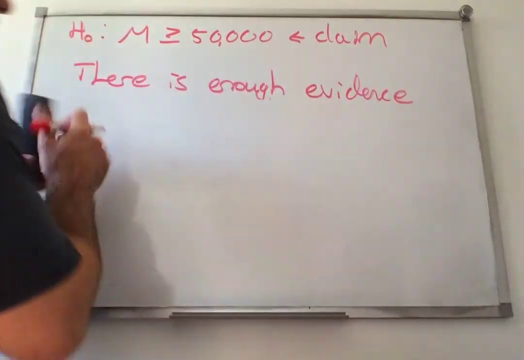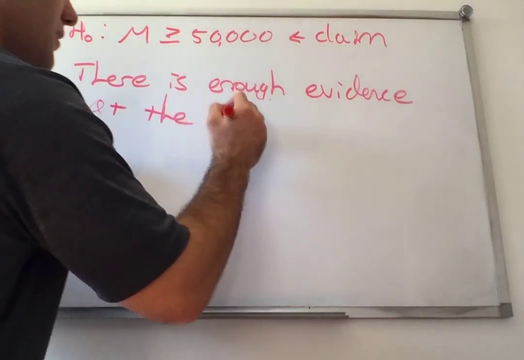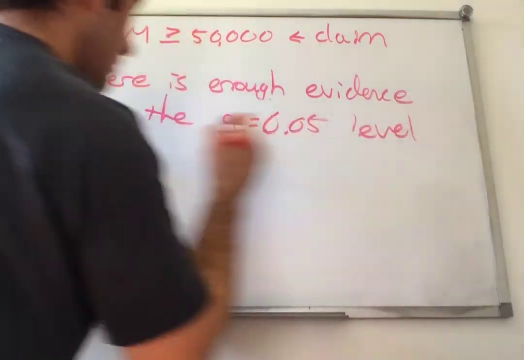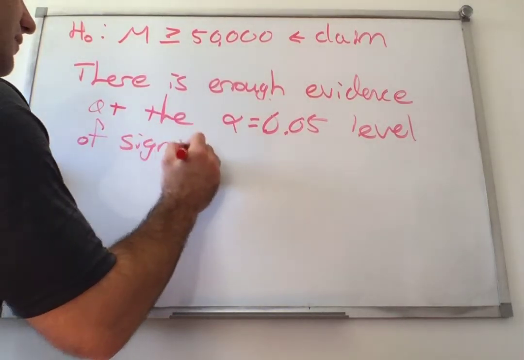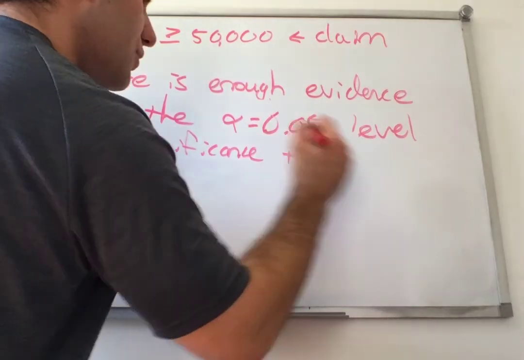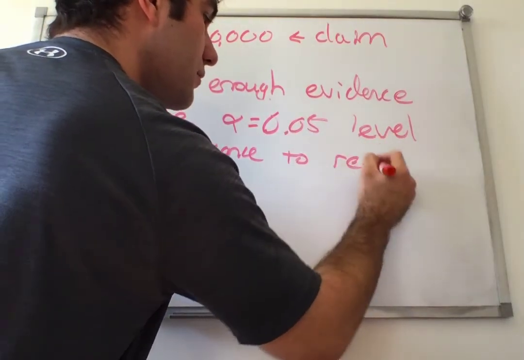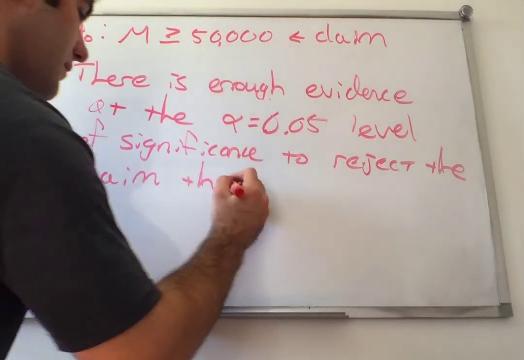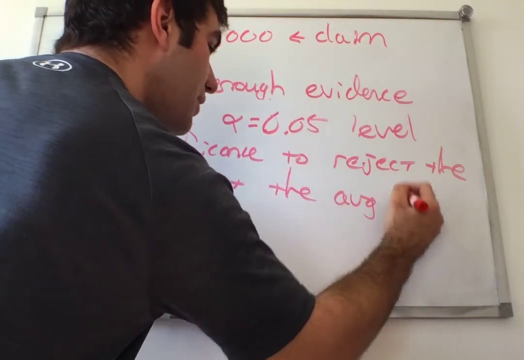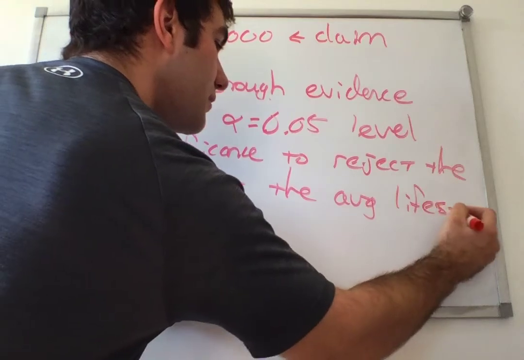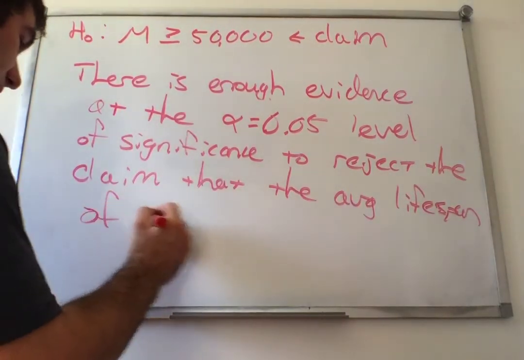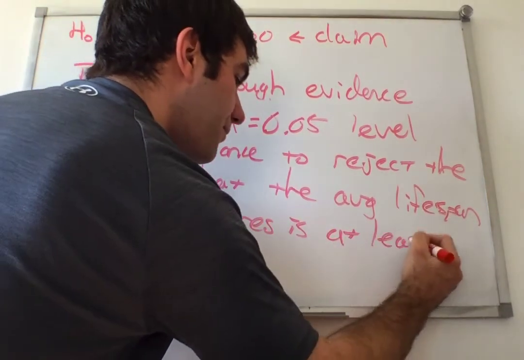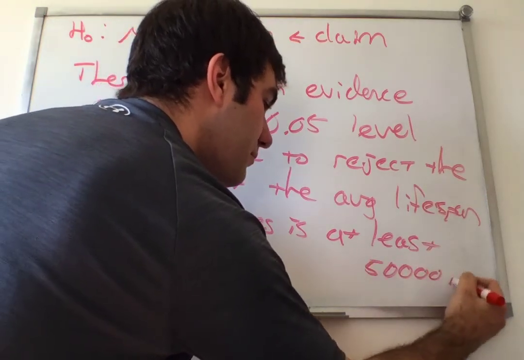Enough evidence at the alpha equals 0.05 level of significance to reject the claim that the average lifespan of the tires is at least 50,000 miles.